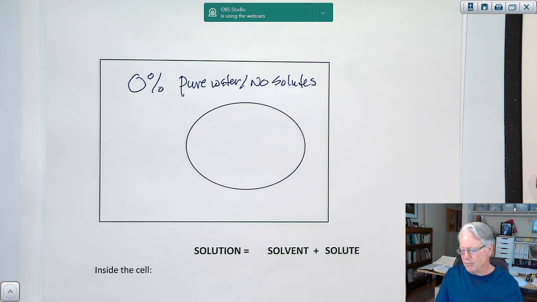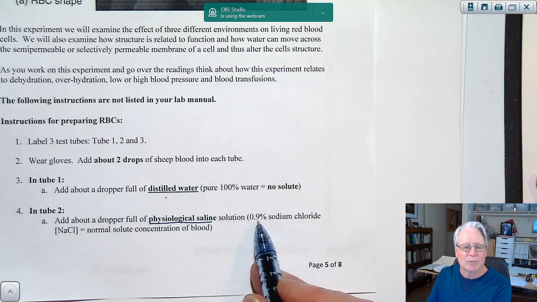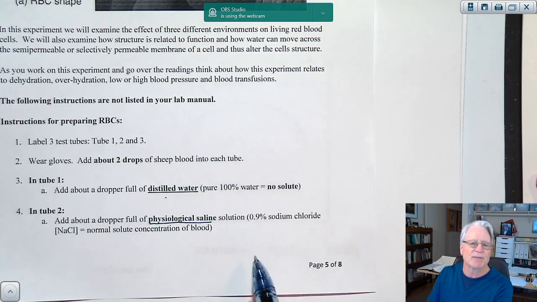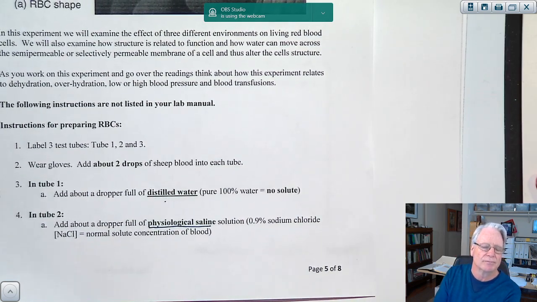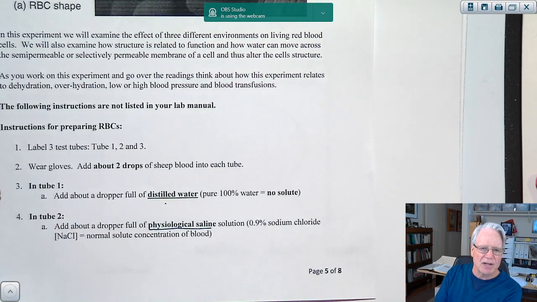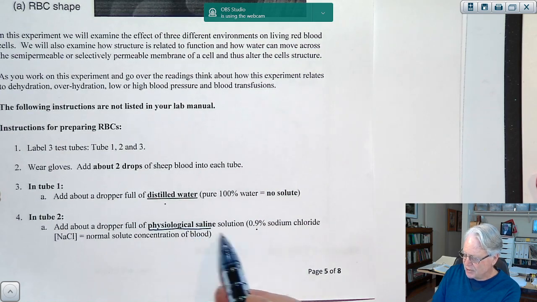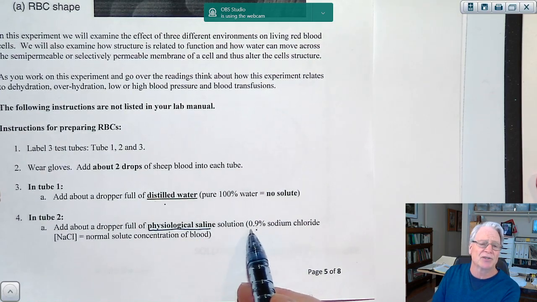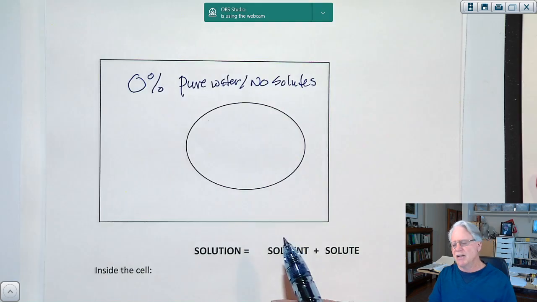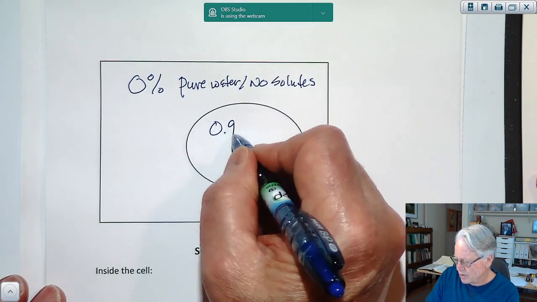Remember, test tube number 2, we added physiological saline, and then I told you that was a 0.9% solution. So if you carry the logic, if that's the number for physiological saline, that means inside the cell we have 0.9%.